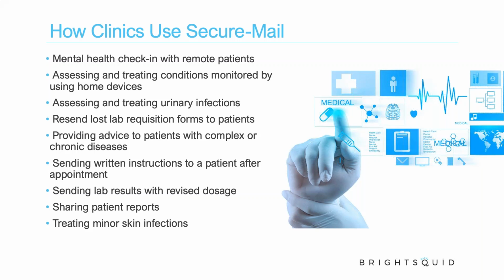So things like sending a lost lab rec, providing advice to patients with complex chronic diseases. So any kind of follow-up, nowadays with COVID-19, a lot of chronic care patients have questions about their vulnerability, any changes they should be making to their lifestyle or their medication or their habits or their plan, that sort of thing. And SecureMail is a great way to have those encounters.